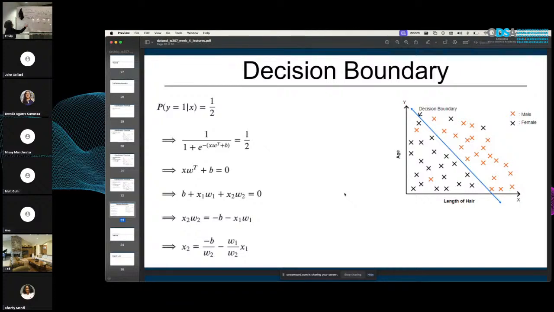So this is our formula, and what you're asking is, I want to know when does my model predict 0.5? And I want to know for what values. So you could set this equal to 1/2, and you could basically solve.